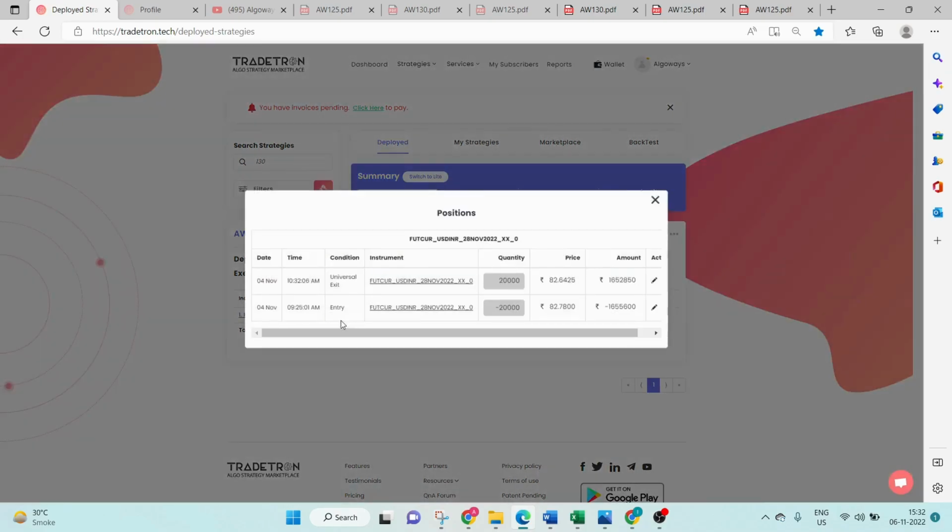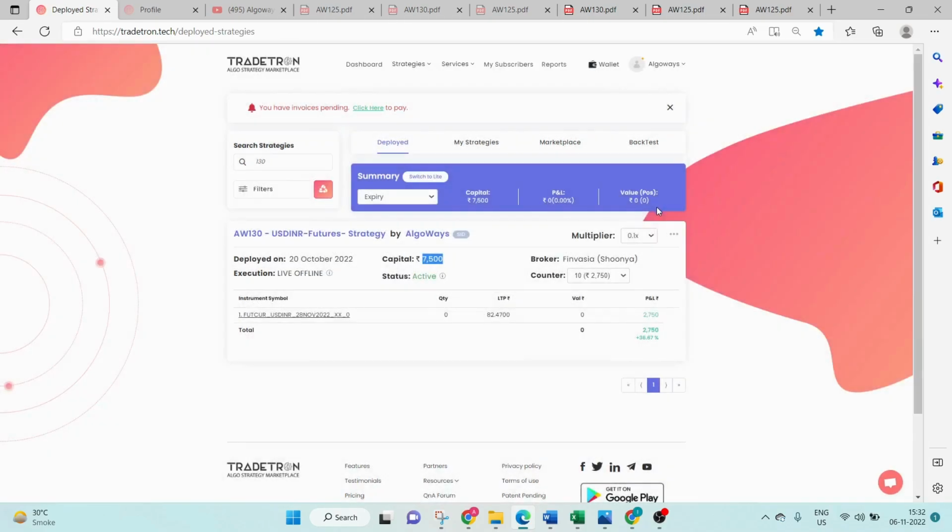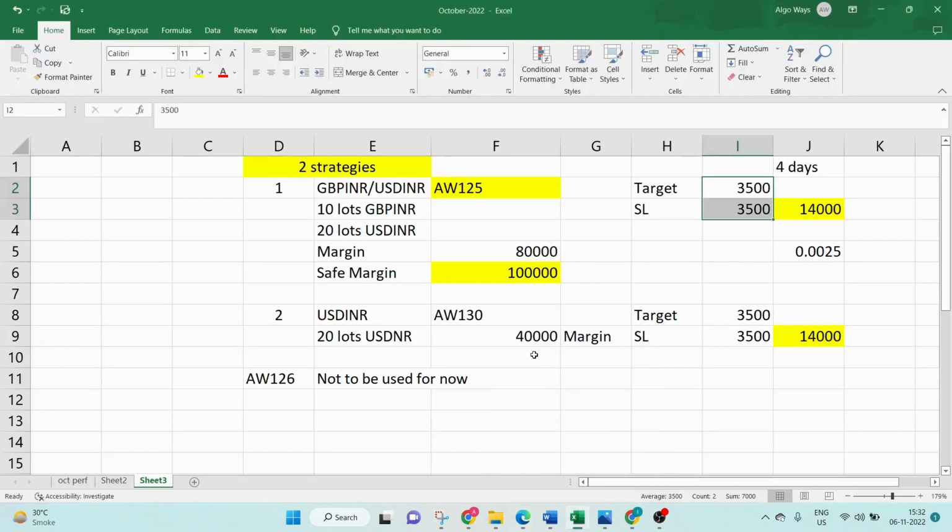So instead of 20 lots, now it will take only 2 lots. So one can deploy in 0.1x or 0.2x and test in the live auto market, and then deploy at the desired number of multipliers as per the capital available.